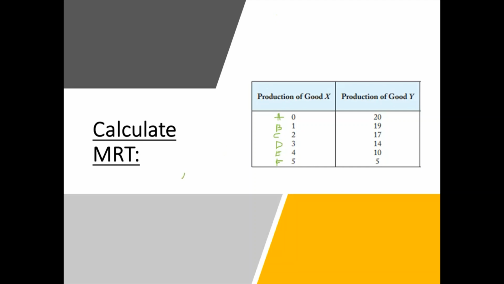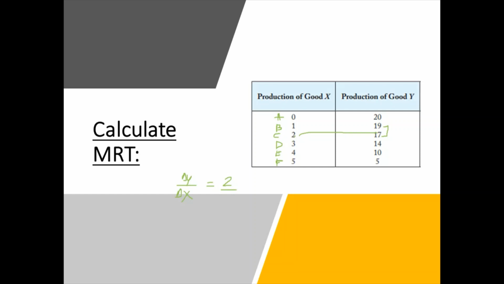We know the formula, that is delta Y upon delta X. That is the amount of Y that you're sacrificing to get that additional amount of X. So change in Y is how much? If we look at C over here, at point C, the change is 19 minus 17, which is 2 units.